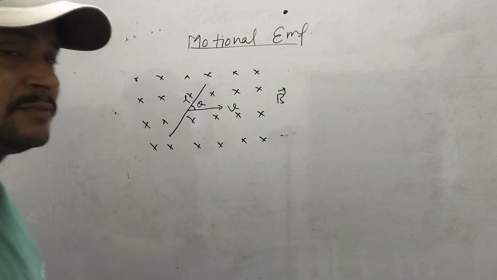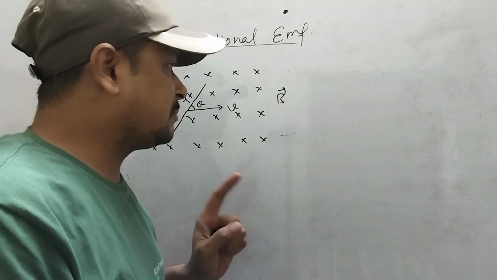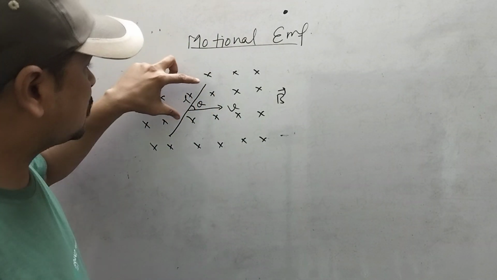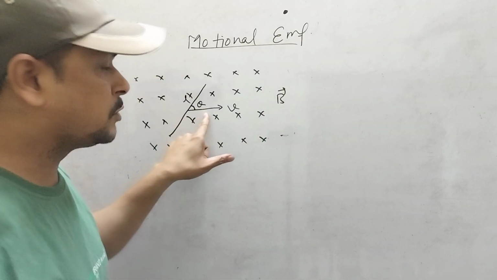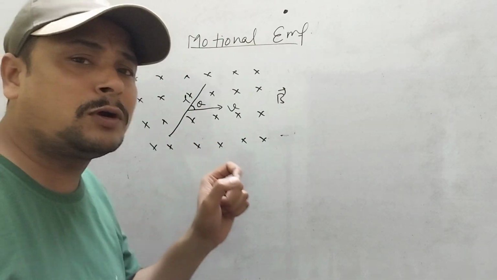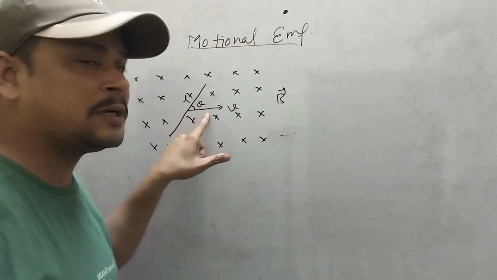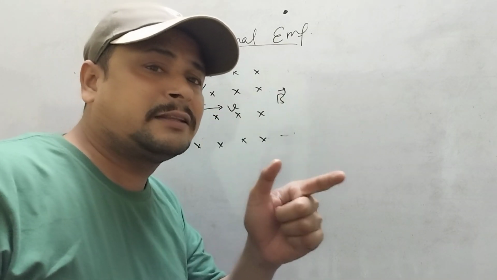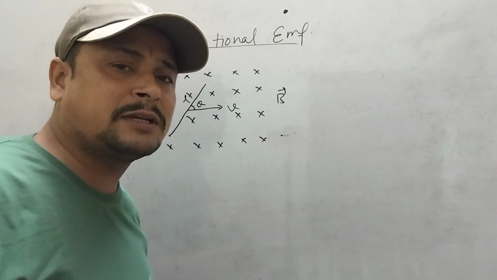As we know, to find the motional EMF, E equals BLV, the length should be perpendicular to the velocity vector. If we don't have the length perpendicular to the velocity vector, then we take the component of length that is perpendicular to it.